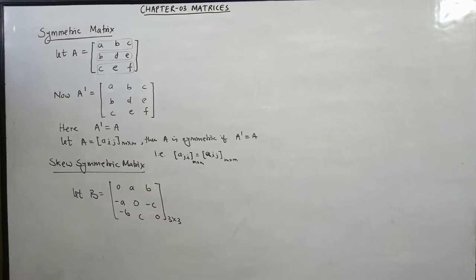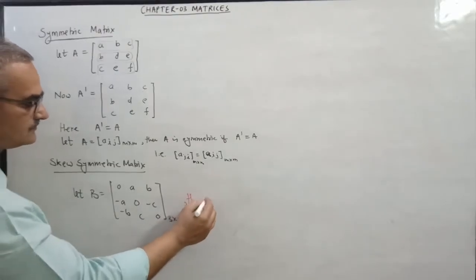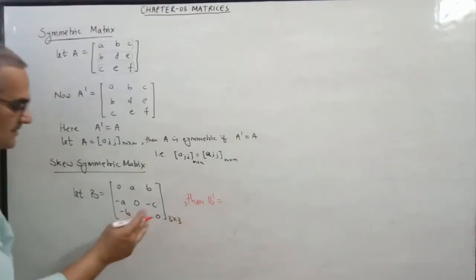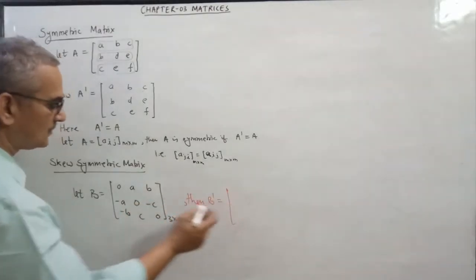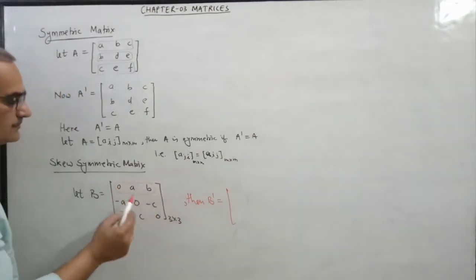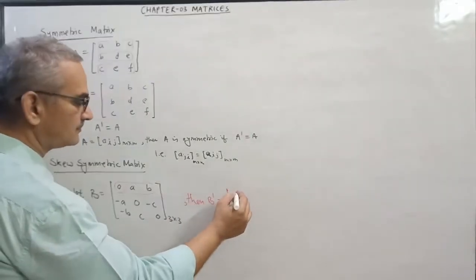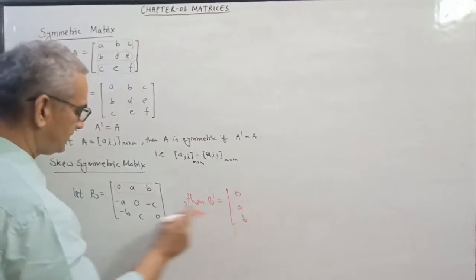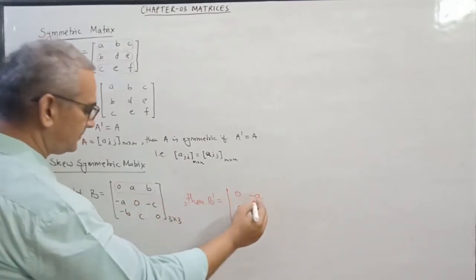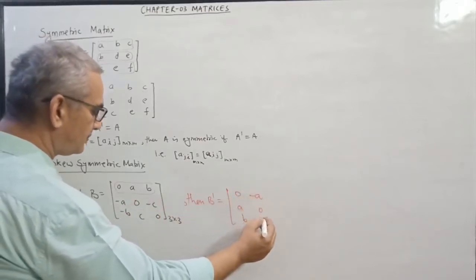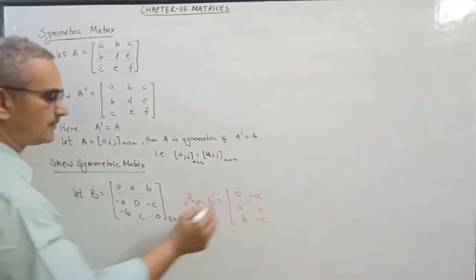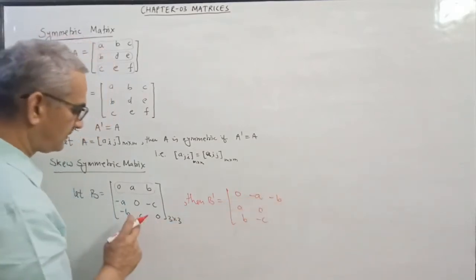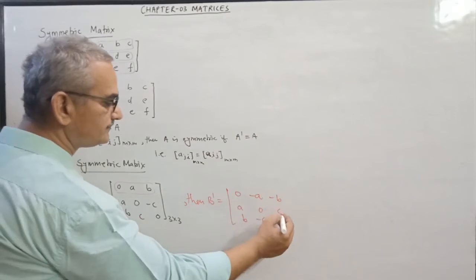Now what will happen when you take its transpose? Okay, then what is B dash? So B dash is equal to, what will happen? The first row is first column 0 A B, second row is second column minus A 0 minus C, and the third row is the third column minus B C 0.